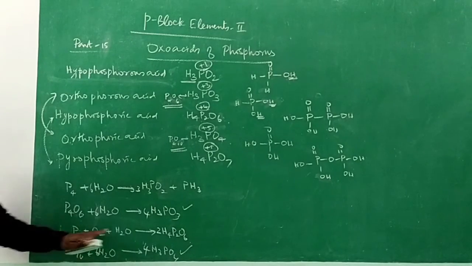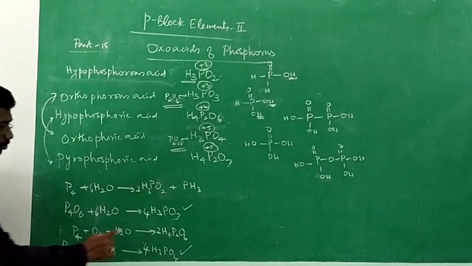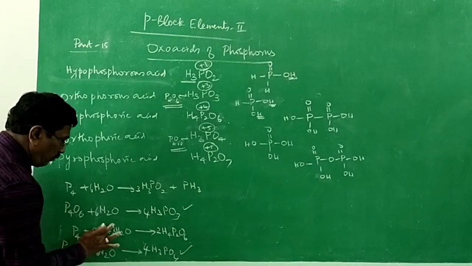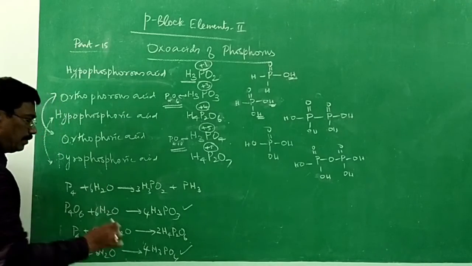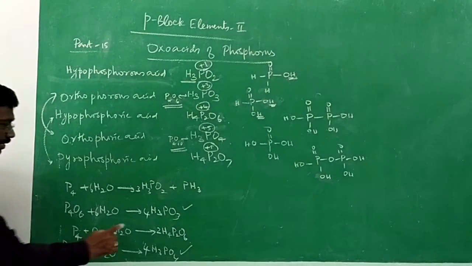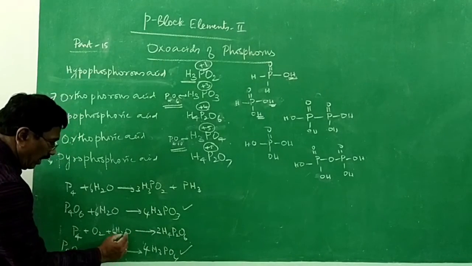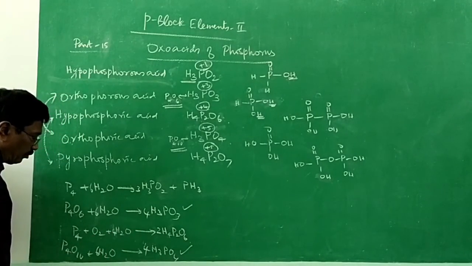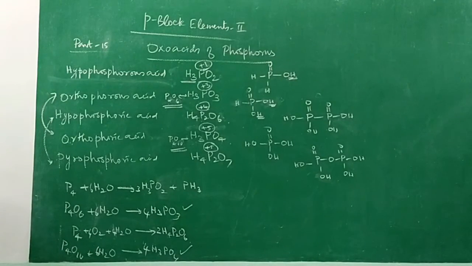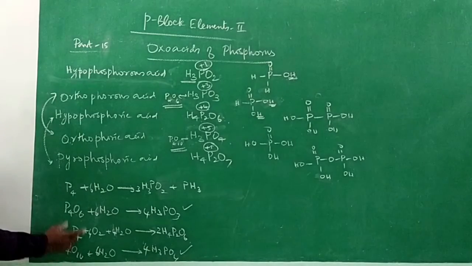How many hydrogen should we have? 8, therefore 4H2O. 12 oxygen, out of 12, 4 are here, remaining 8 should be here. Therefore, P4 plus 4O2 plus 4H2O gives 2H4P2O6.